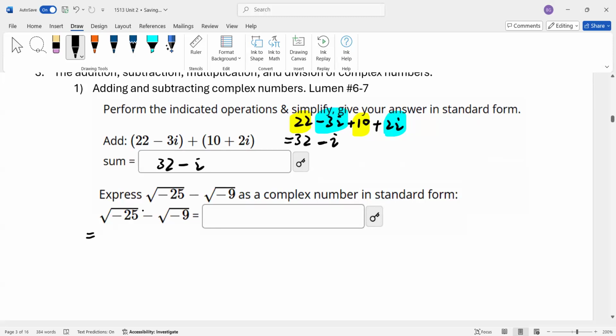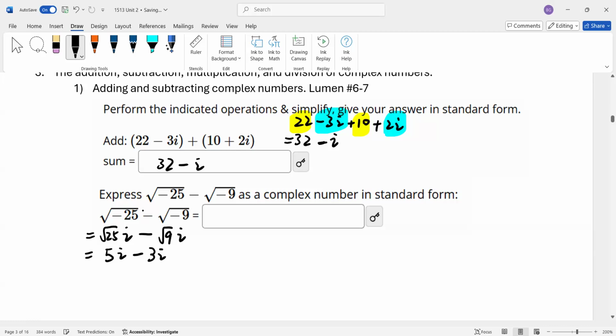See those square roots of negative numbers? Use the formula right away and rewrite them in terms of i. Root 25i. Copy the subtraction sign in the middle. Root negative 9 is root 9i. Root 25 is 5, 5i. Root 9 is 3, 3i.